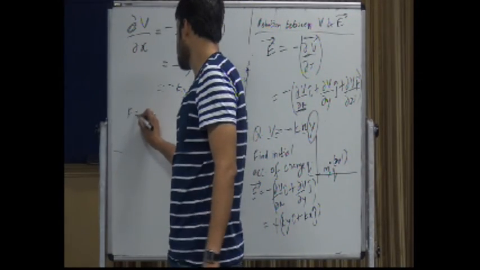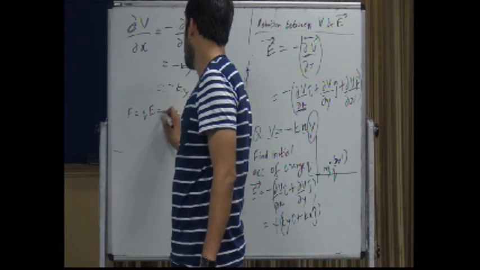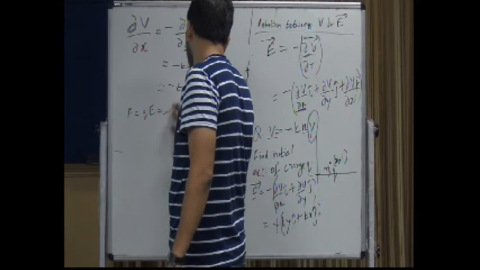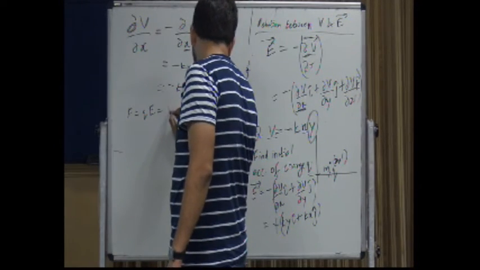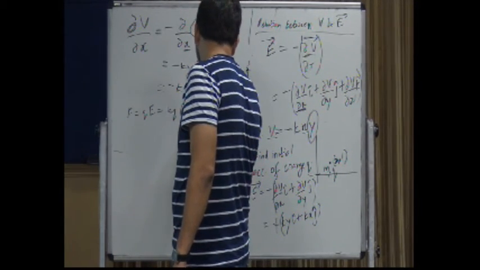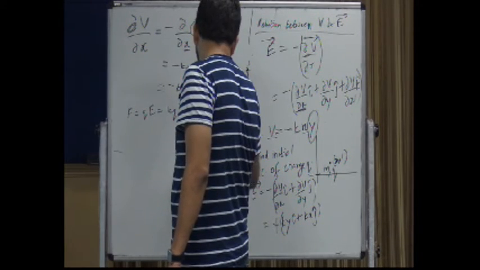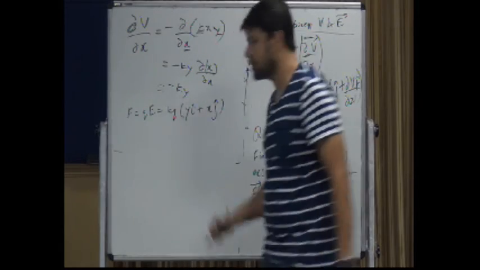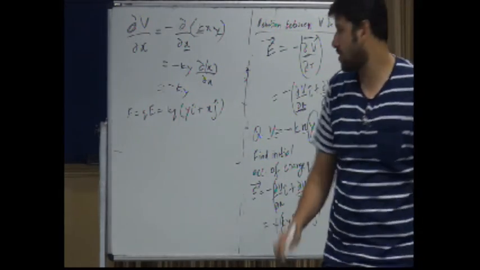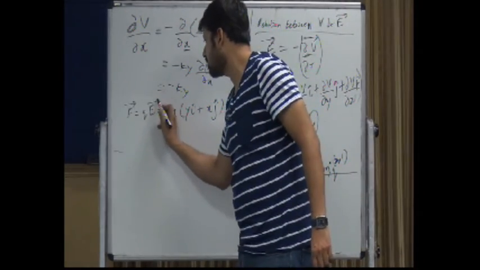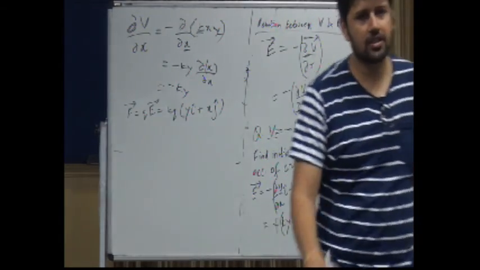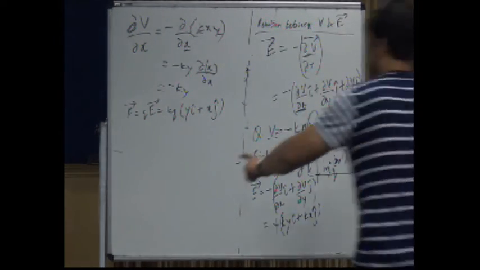The force on the charge would be qE, that is plus kqy i cap plus kqx j cap. The force is this in vector form. Since the force is this, you can see force is dependent on y and x.